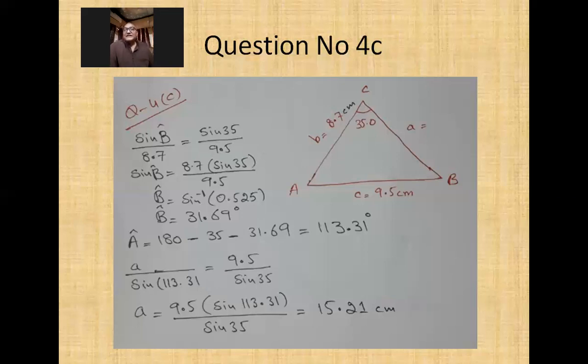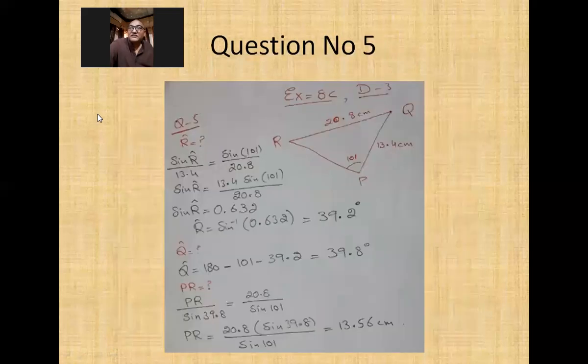A divided by sine 113.31 is equal to 9.5 divided by sine 35. So A will be equal to 9.5 multiply sine 113.31 divided by sine 35, equals. So that will be 15.21 centimeter. So this is question number 4, C part. So let's move to the next question. I hope that you have understood.